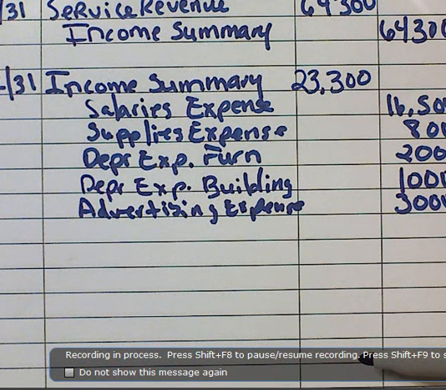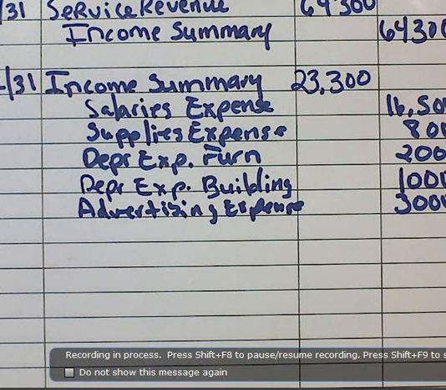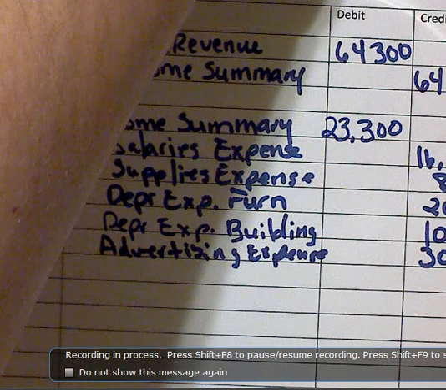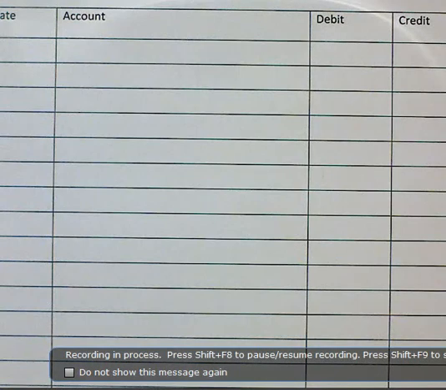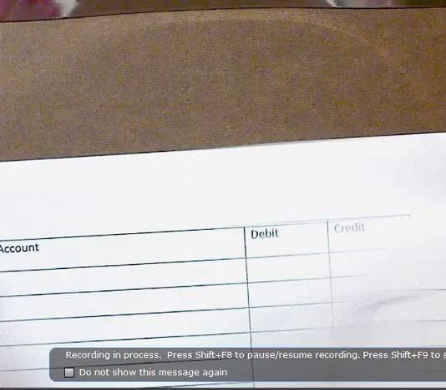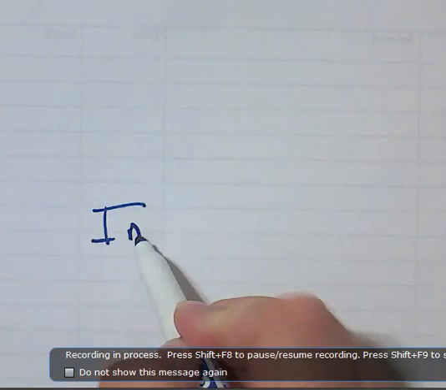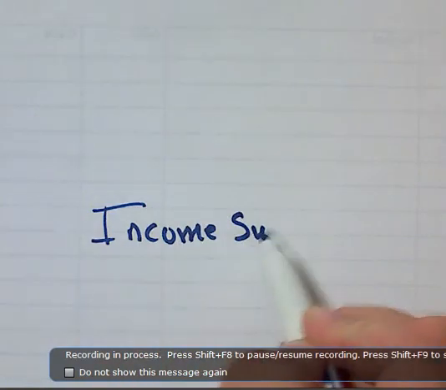Okay, so if I were to post these to my general ledger, I can do that by showing what it would look like in a T account. Here's my T account for my income summary.